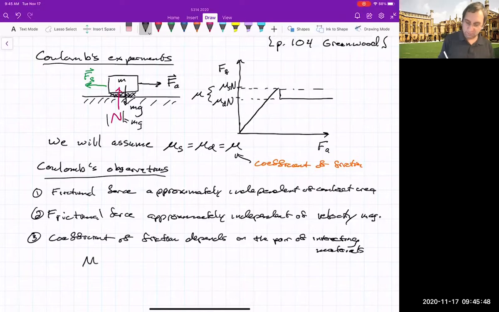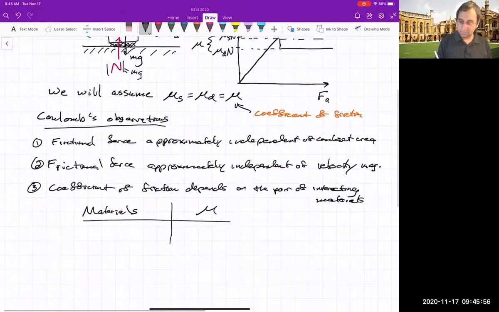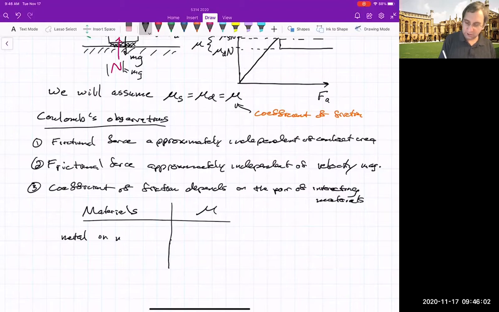So here are just some approximate things. Here's materials, and then mu. Let me make a little table. These are just ranges; you could look it up for specific things. So metal on metal, it's been found it's about 0.15 to 0.6.